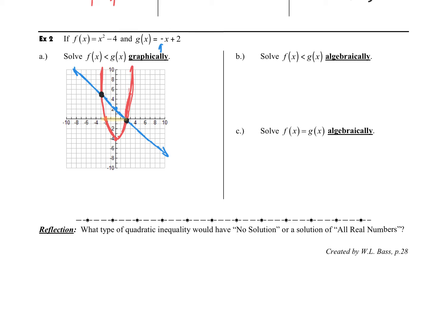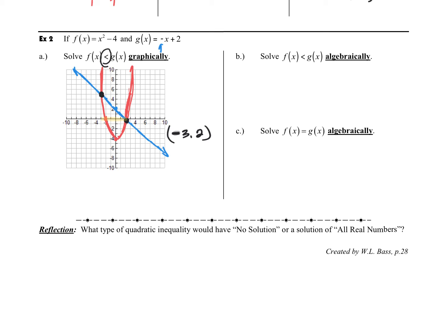So when we write this solution here, it's going to be from negative 3 to 2. And it's going to be parentheses because this was not inclusive. Because what we're looking for is where is the parabola below or less than the line, and here's where our parabola is below. If that was flipped, we would be choosing these outer portions.